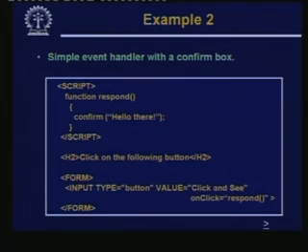Let us look at the description of this form. This form says it is an input box of type button, there is a button and the label of the button will be click and see, this is given in value, and there is a property called on click, this is new, this is a JavaScript specific property, equal to respond within quotes.